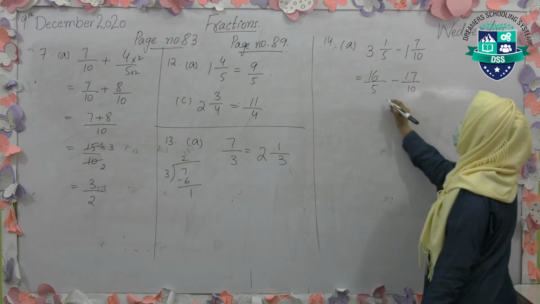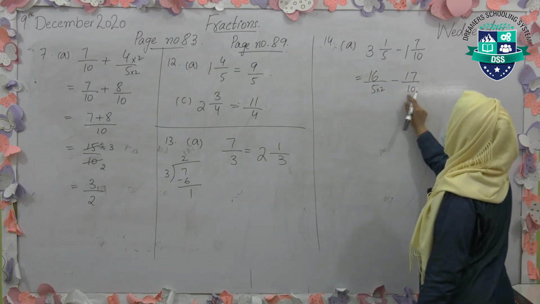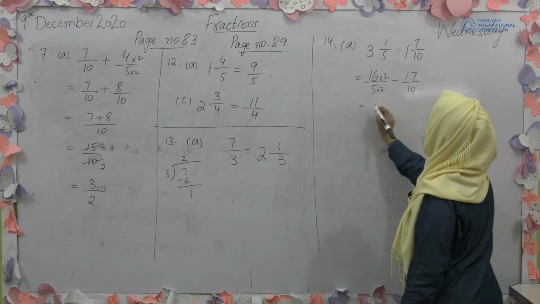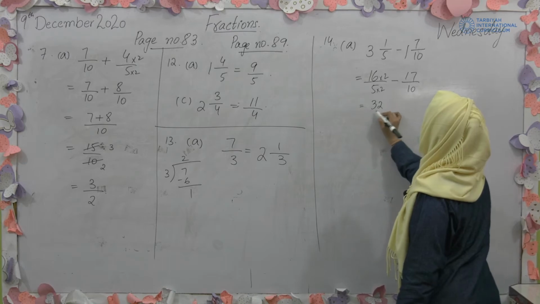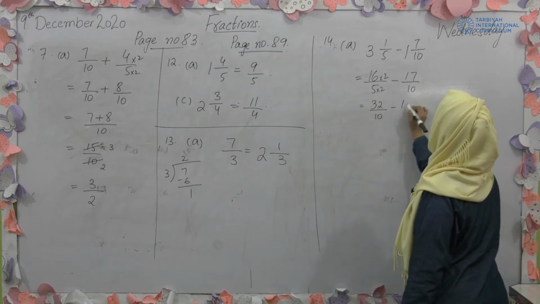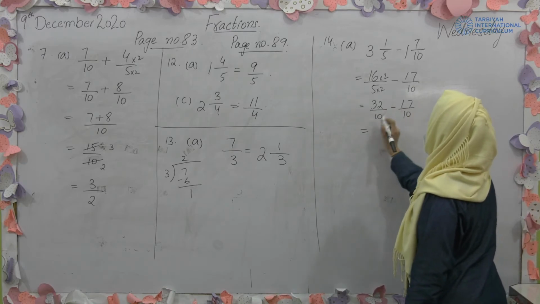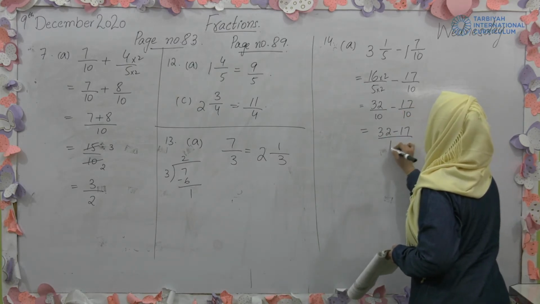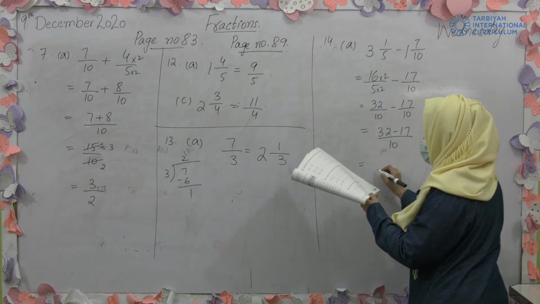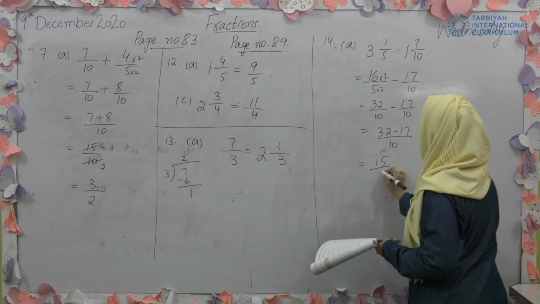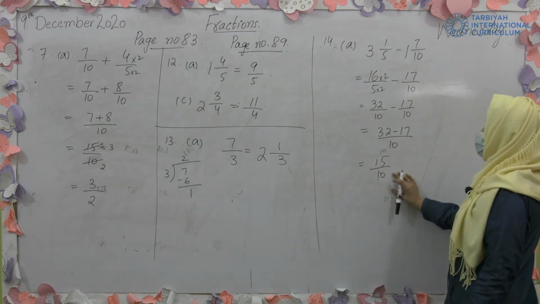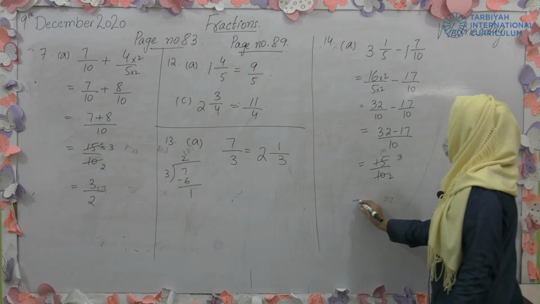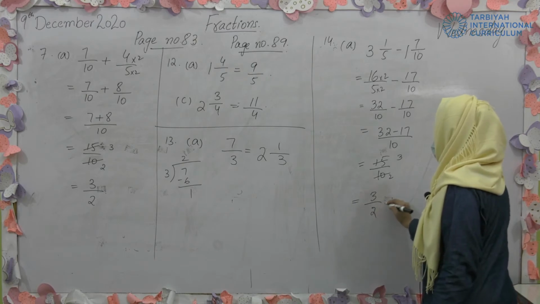Making the denominator the same. 5 2s will become 10. Multiplying 16 by 2 also. 16 2s are 32, 5 2s are 10, minus 17 by 10 as it is. 32 minus 17 by 10. 15 by 10. Now we have to write it in the simplest form. 5 2s are 10, 5 3s are 15, 3 by 2 is the answer.